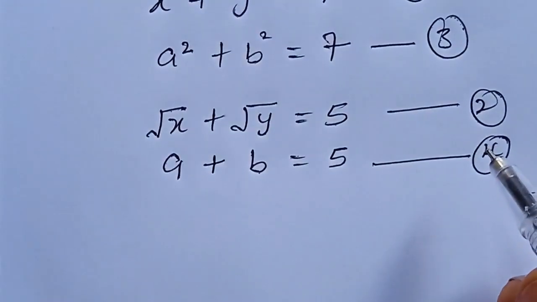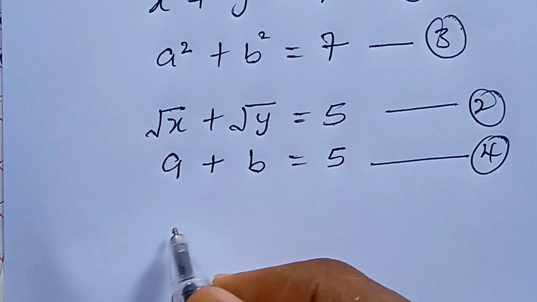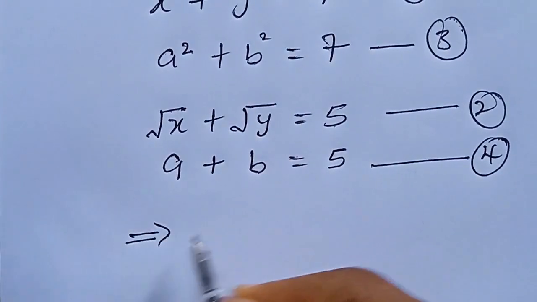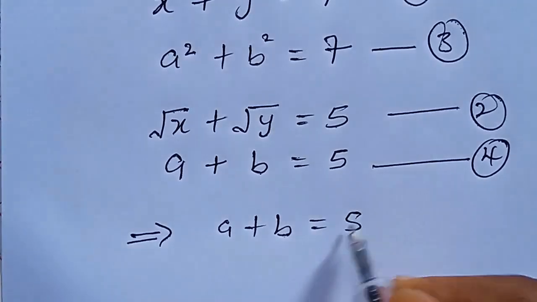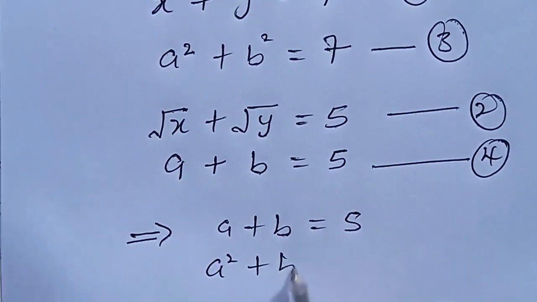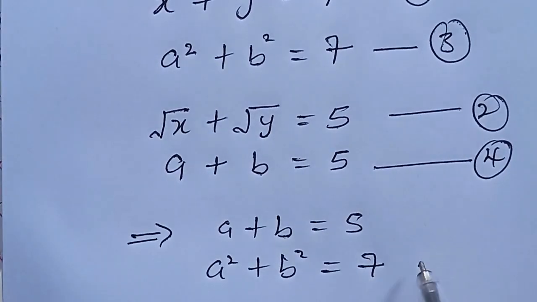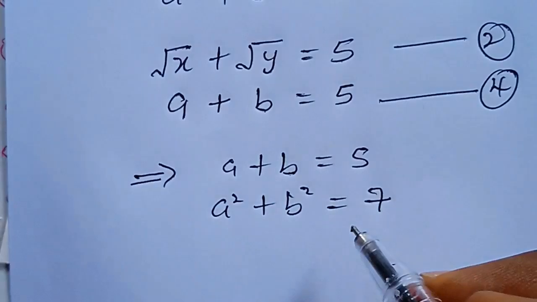Now from here, we have a new system. Our new system implies a plus b equal to 5, then a squared plus b squared equal to 7, which we'll be making use of.